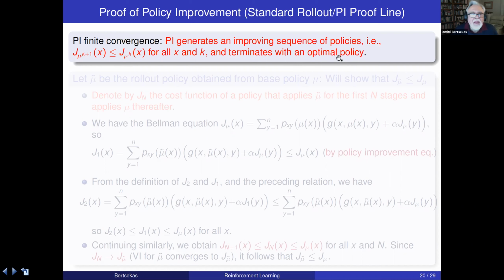The reason being that once the algorithm generates the same policy or the same cost, it stops. And this theorem says that it will find an optimal policy in a finite number of iterations under our assumptions, which are a discounted problem with a finite number of states.